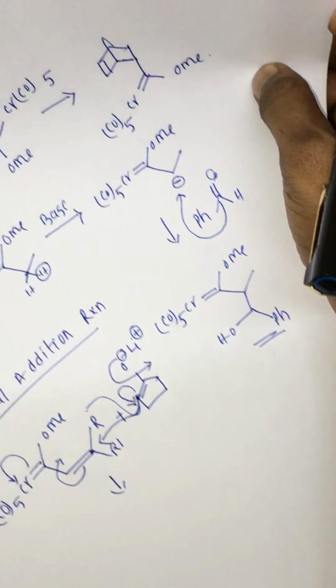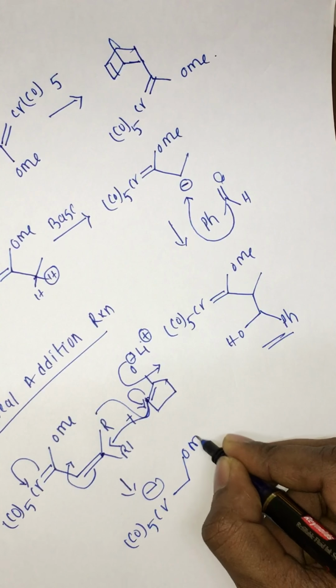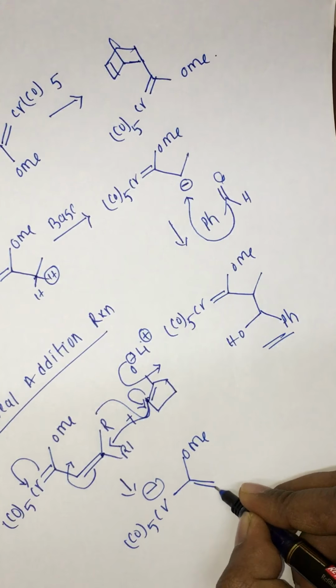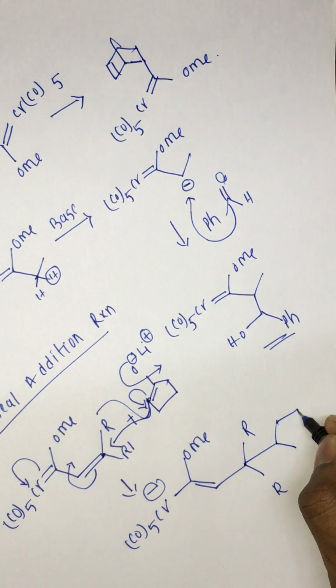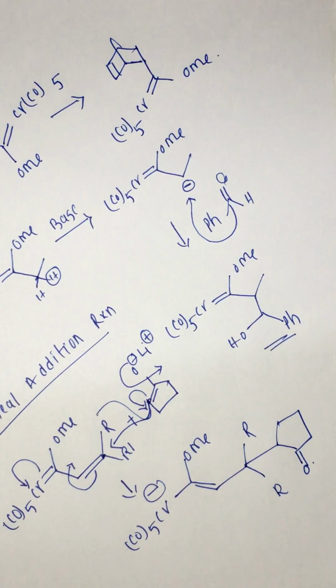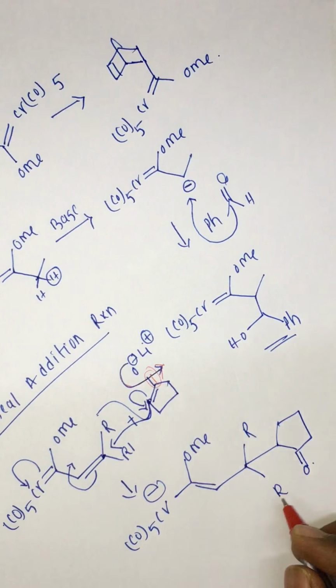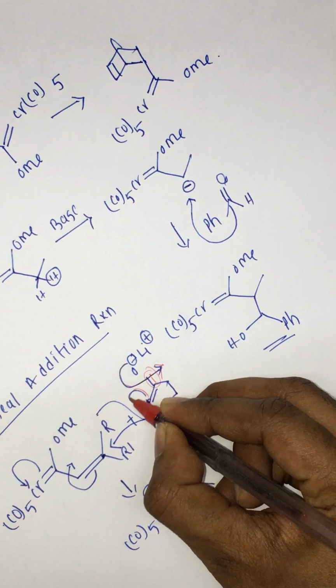So it will become CO5Cr, negative charge here, OMe double bond R. Here this negative charge comes like this, so that there is a development of the double bond, and this double bond goes here.